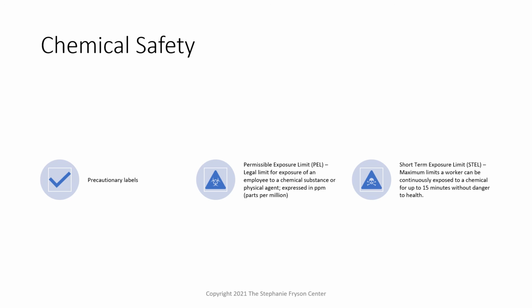And then there's a short-term exposure limit, which is the maximum limit a worker can be continuously exposed to a chemical for up to 15 minutes without danger. I just want to point that out to you so that when you're in the lab and different chemicals are introduced, you can actually read the safety data sheet and make sure that there's no exposure risk, especially if you're a woman who may become pregnant.